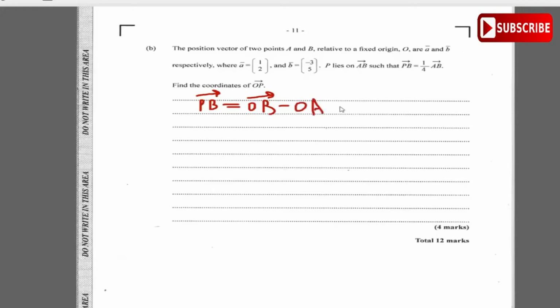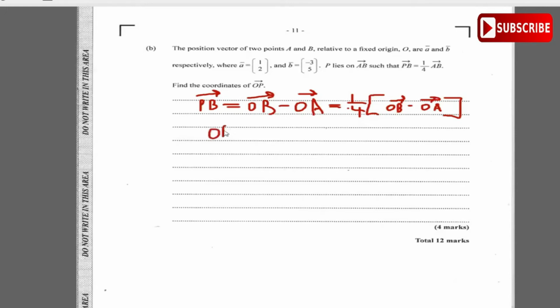That's vector PB, but it's also equal to a quarter of vector AB, which is a quarter of OB minus OA. So pretty much we have this equation we're solving.